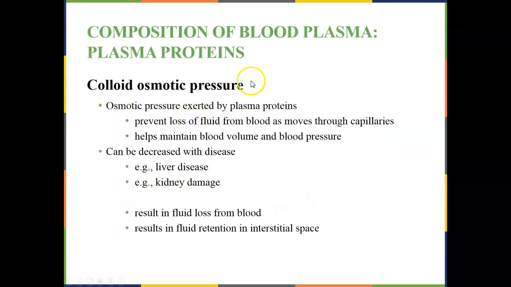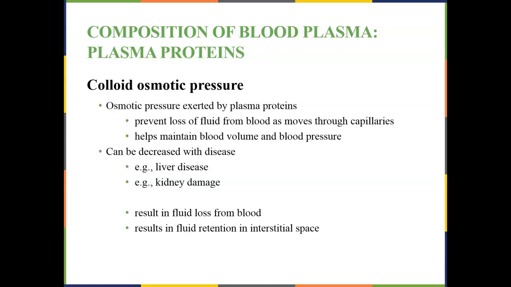So one of the functions of the plasma proteins is to produce a colloid osmotic pressure. So colloid osmotic pressure is the pressure that proteins have preventing fluid from leaving the blood. So think about water likes to follow solutes.